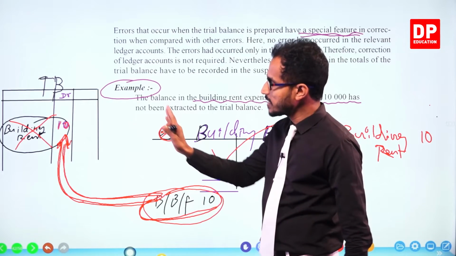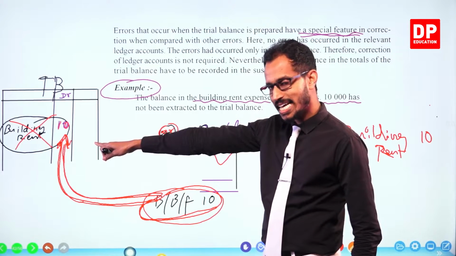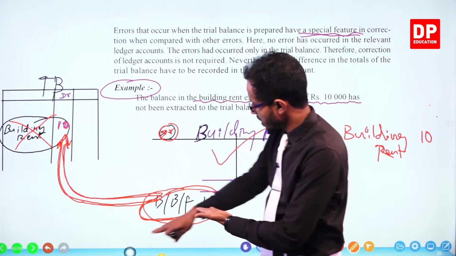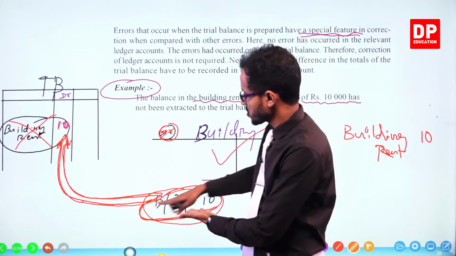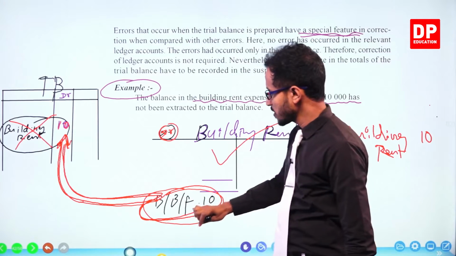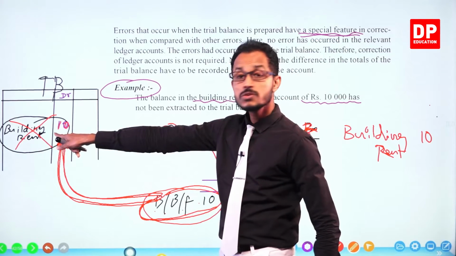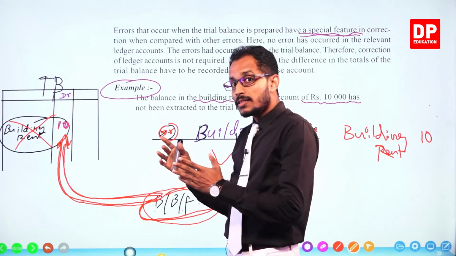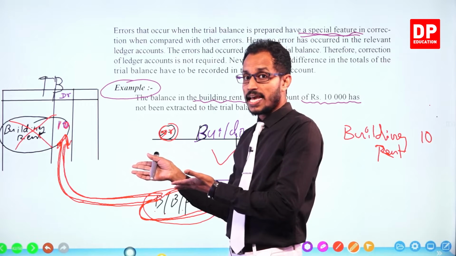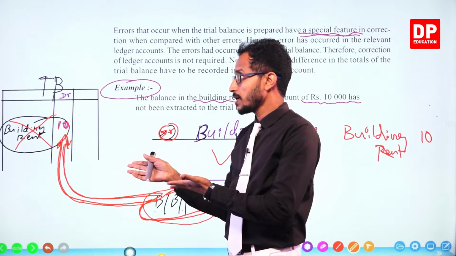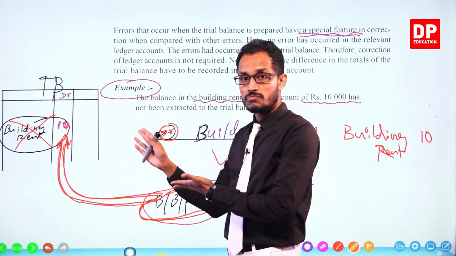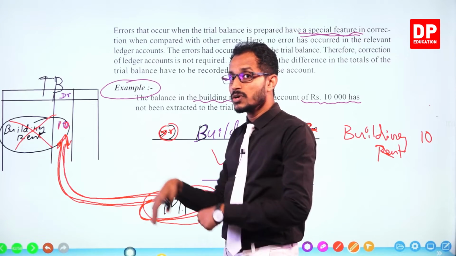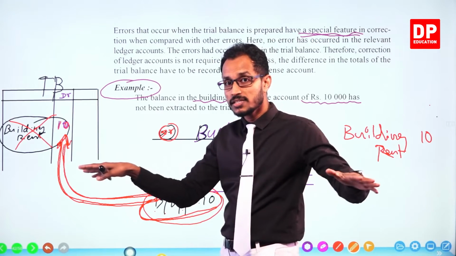You just enter the account to the trial balance, just like I have shown here with the red color arrows. And the shortage which must have been there in the debit side, which must have been entered into a suspense account, that should be cancelled off.